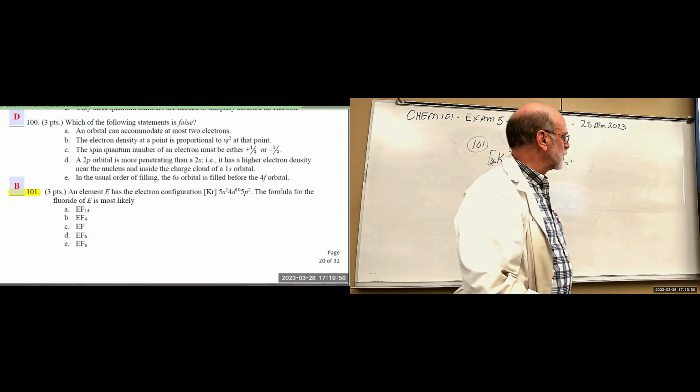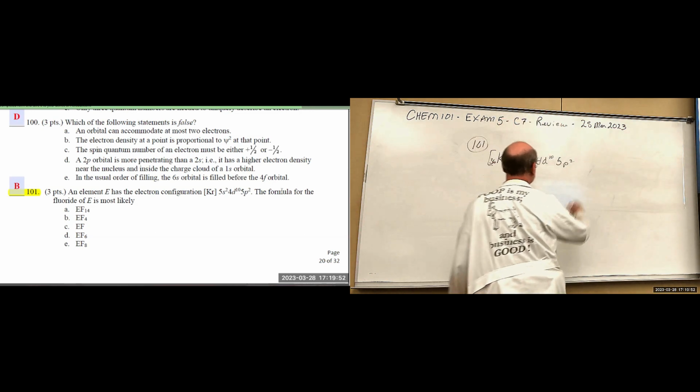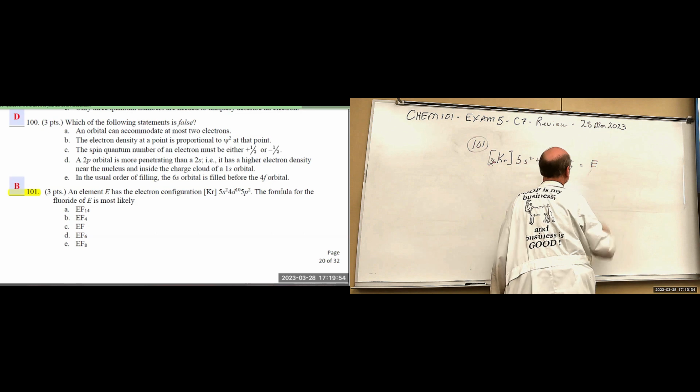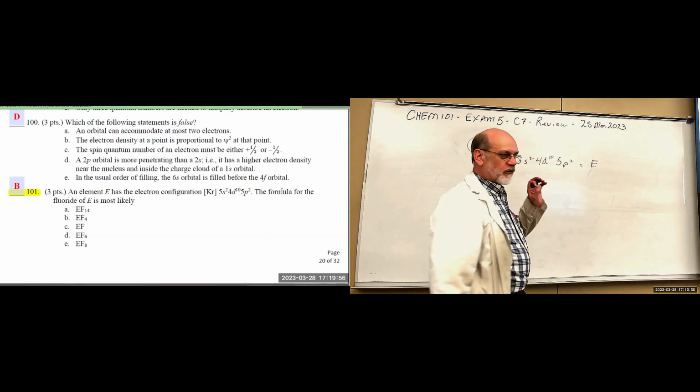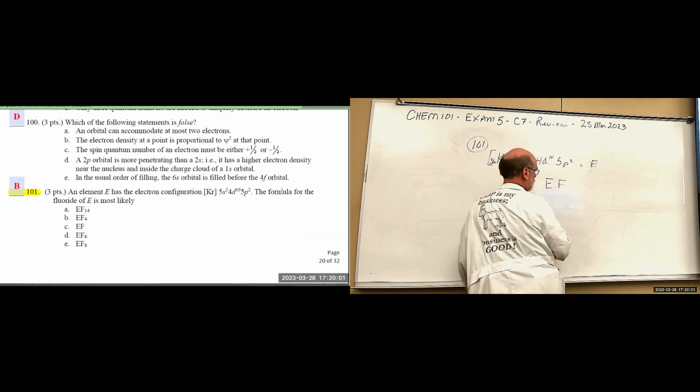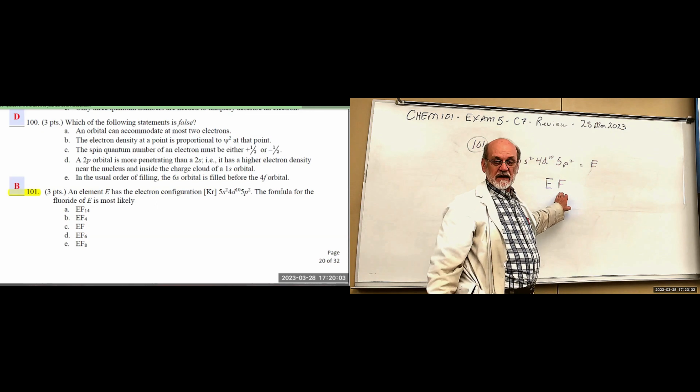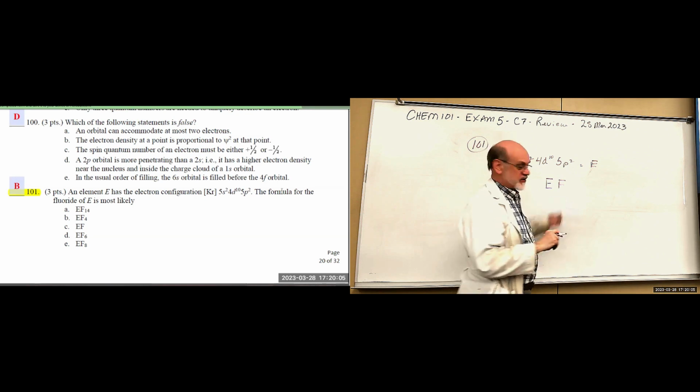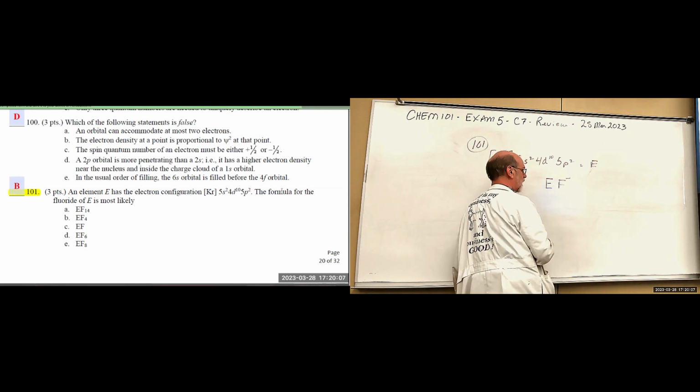The formula for the fluoride of E. So this is equal to the element E. All right, if you're going to form a fluoride from E, what's the charge on fluorine? It's going to be a -1. It's a halogen, right? -1.